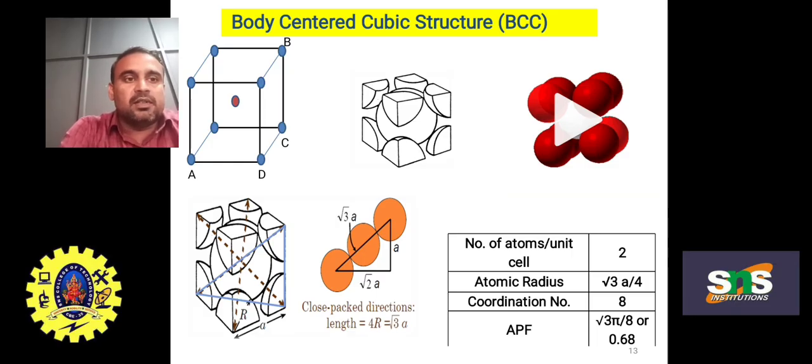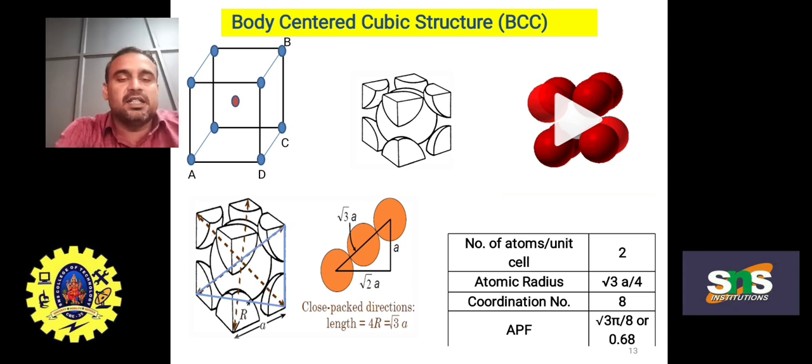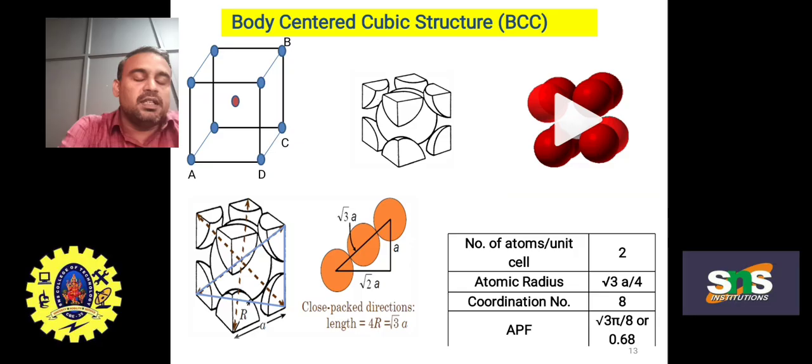Then coordination number of BCC, the nearest neighbor atoms, that is the 8 corner atoms, so that value equal to 8. Packing density or packing factor of BCC is equal to 0.68, so 68% of the volume is occupied by the atoms, then the remaining 32% is vacant. So these are all the important lattice parameters in BCC: number of atoms 2, atomic radius a root 3 by 4, coordination number 8, then packing factor 0.68.